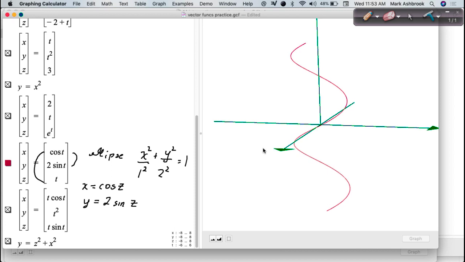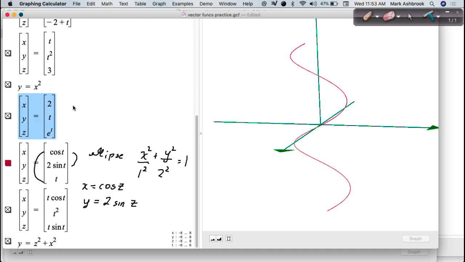But now a different way to think about it is the fact that we have 3 equations, each of 2 variables. And what do we say about an equation of 2 variables in R3? What do we say that is? Cylinder, right? So what kind of cylinder is that? Elliptical cylinder.